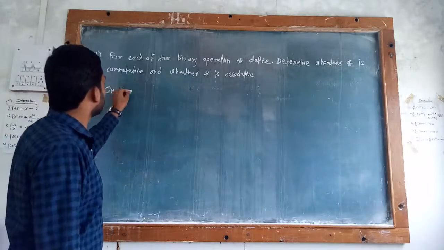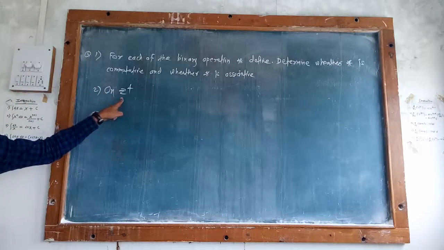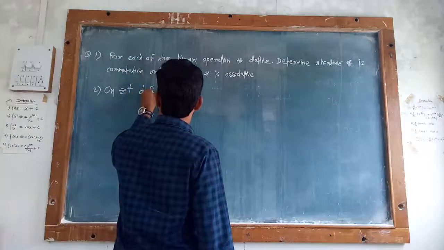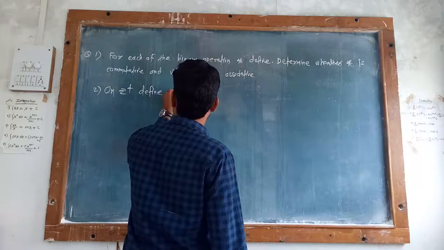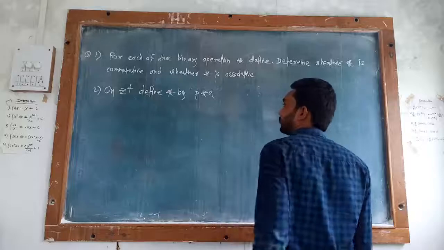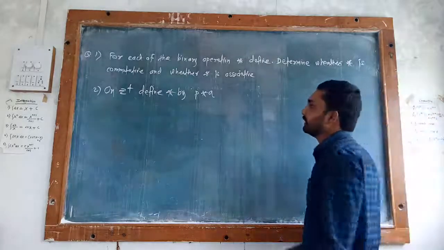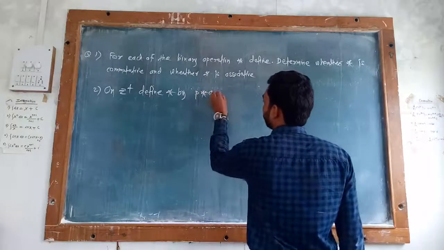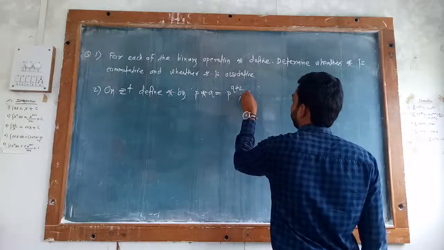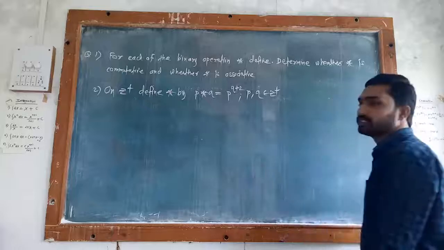On Z plus, what do you mean by Z plus? Set of positive integers. On Z plus, that is the set of positive integers, define a binary operation star by P star Q equal to P raised to Q plus 2, where P and Q are members of Z plus.